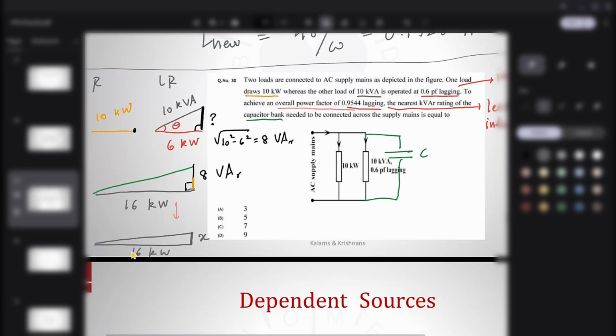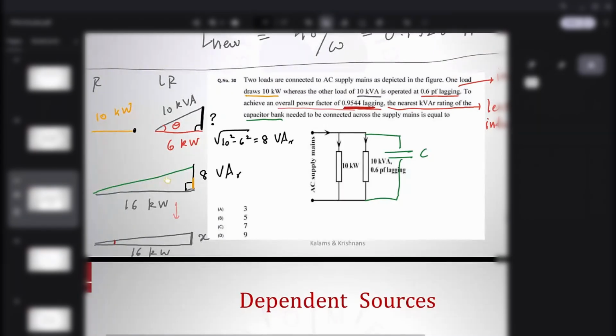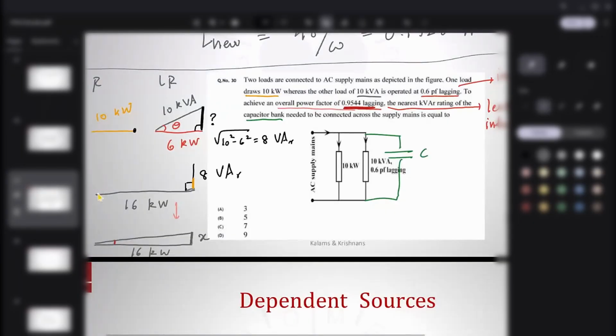Okay, but you do know the power factor here. The power factor here is given to be 0.9544 lagging. So the hypotenuse in this case, that hypotenuse technically was not required to solve this. This hypotenuse rather is important.